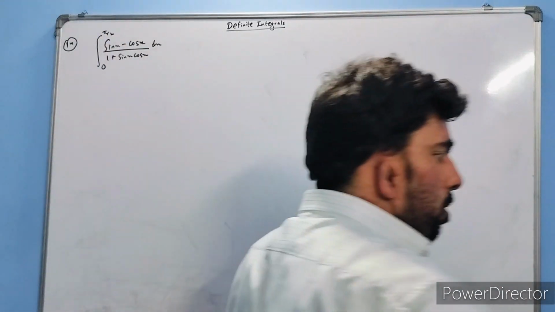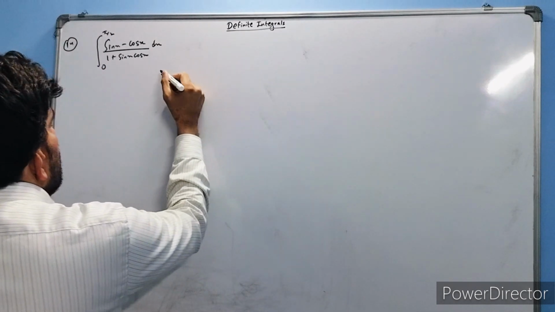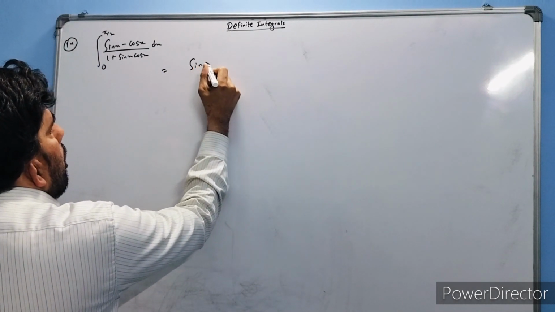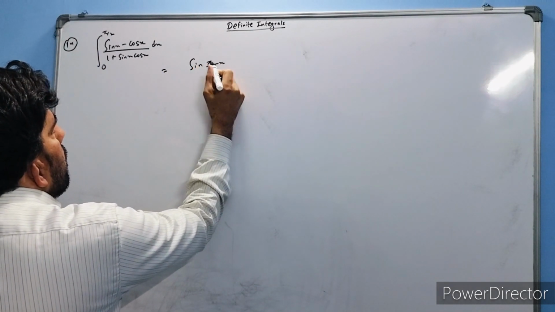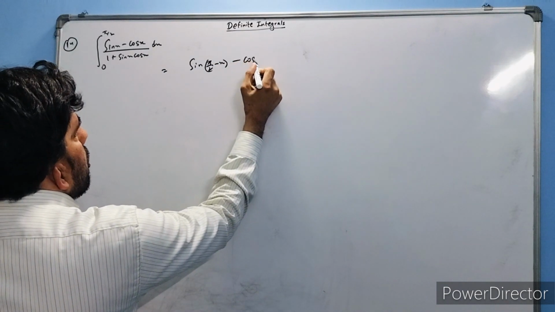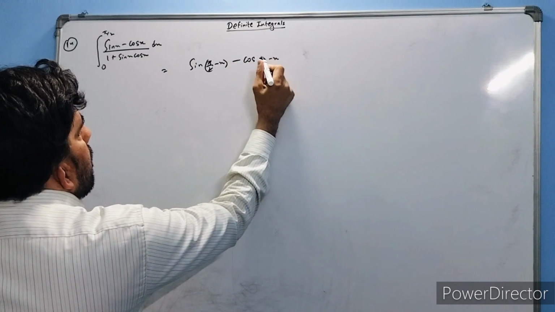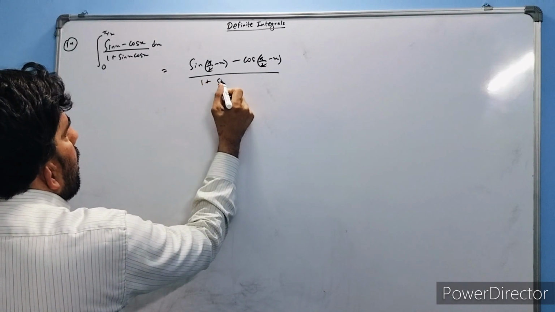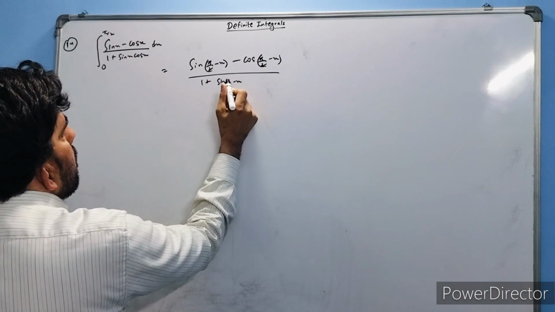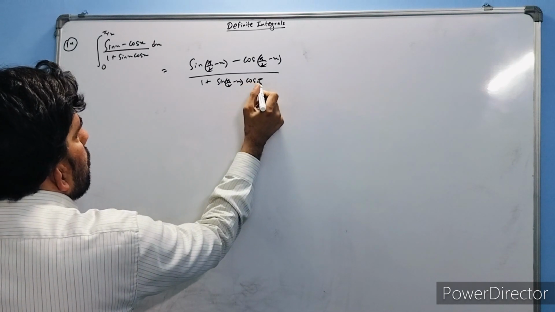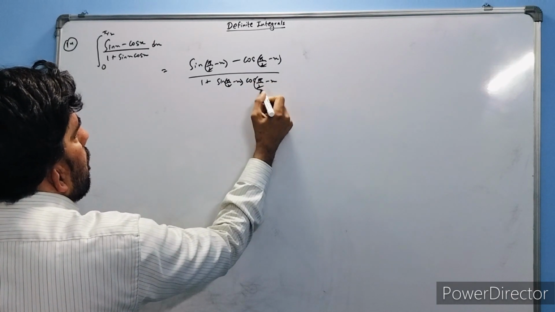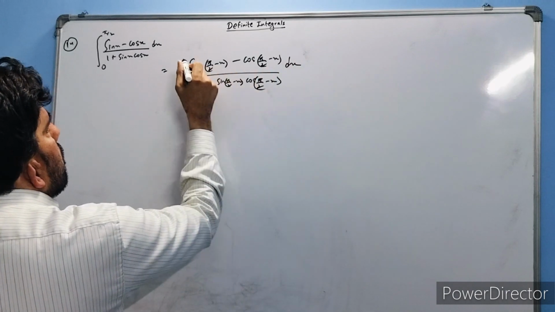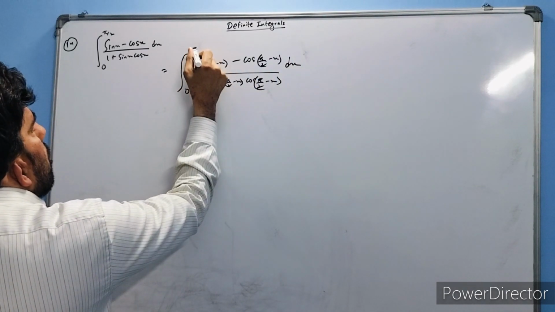Okay, so now let us try how to solve this. We'll put the value here: sin(pi by 2 minus x) minus cos(pi by 2 minus x) upon 1 plus sin(pi by 2 minus x) cos(pi by 2 minus x) with respect to dx, from 0 to pi by 2.